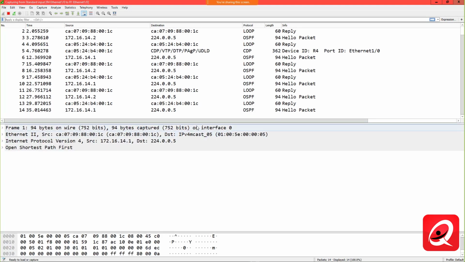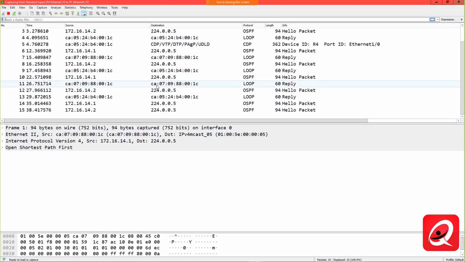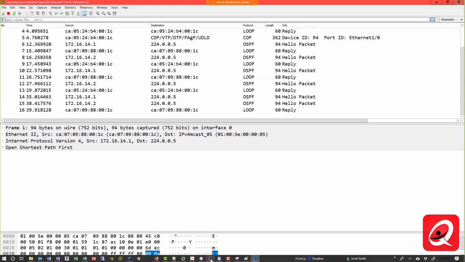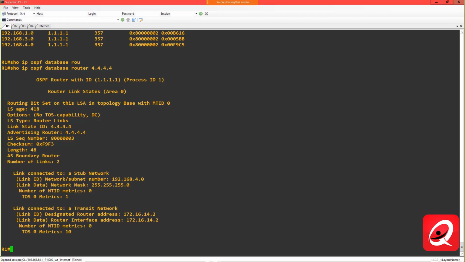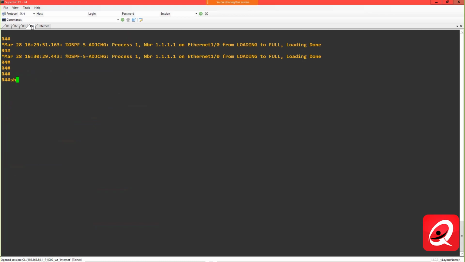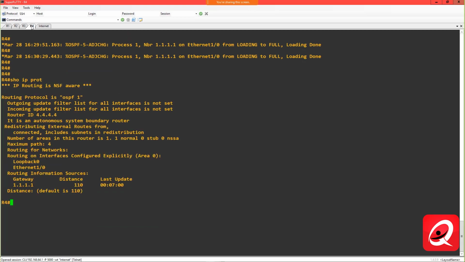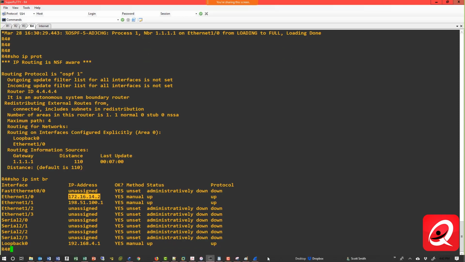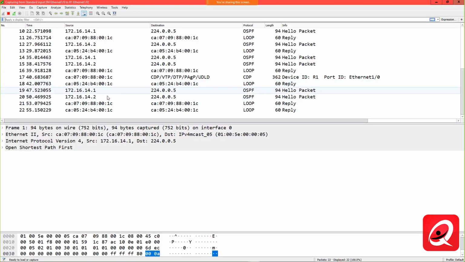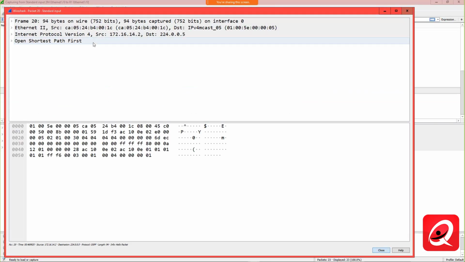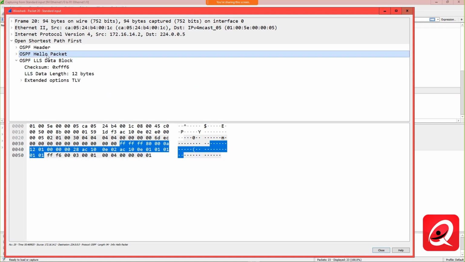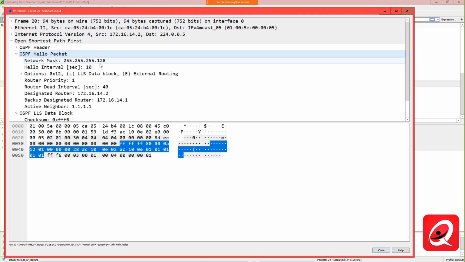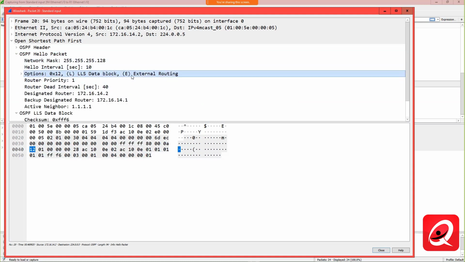And I want to see if I can actually see that. Let me check the IP address, router 4, show IP protocols. So 4.4.4.4, show IP interface brief. So these guys should be coming from 14.2, all right? So if I go into my hello packet for 14.2, one of the things that I should see is this E bit set, okay?